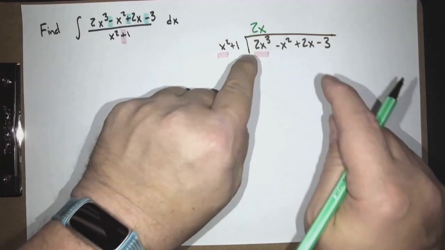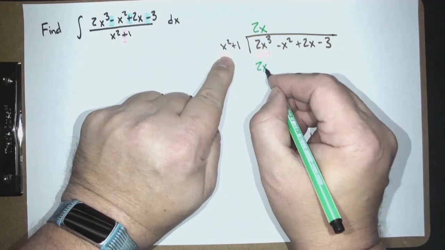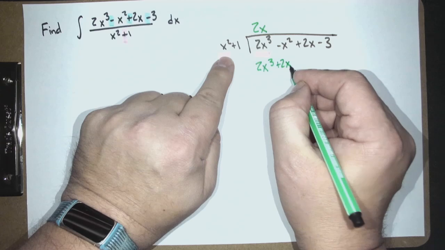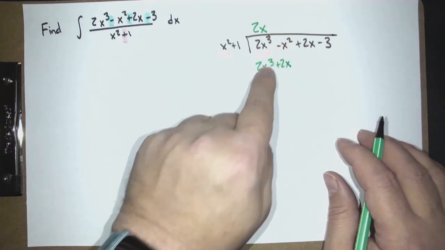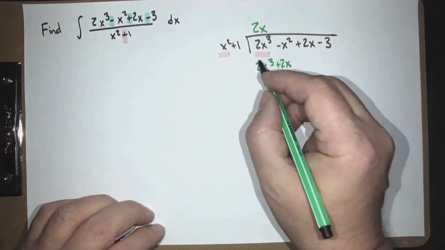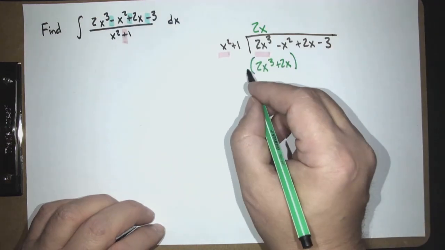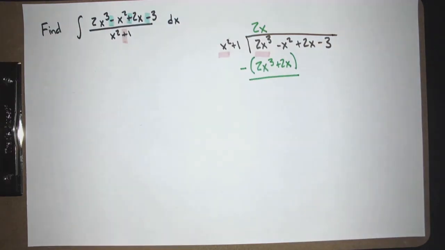Now, at this stage, take your 2x and multiply by what you divide by. 2x cubed plus 2x. And you might say, that's suspiciously close to what I have. You know, the 2x cubed looks a lot like the 2x cubed. Exactly. You now subtract. Okay, so what happens? 2x cubed minus 2x cubed?